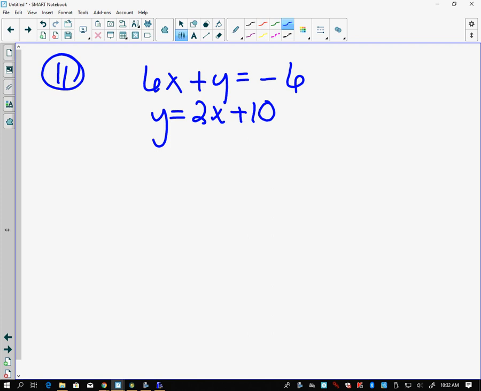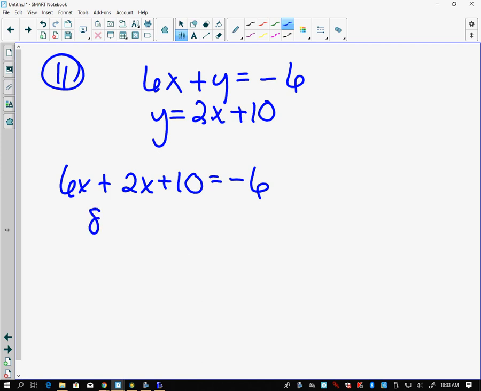We want to solve through substitution. What does that actually mean in this case? Substitute the 2x plus 10 in for y in the first equation, right? So I get 6x plus 2x plus 10 equals negative 6, right? All right, now what?